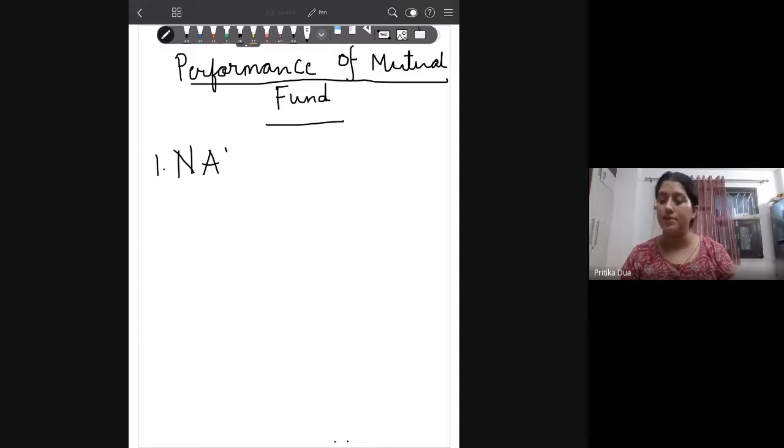That is reflected by the net asset value, and as the name suggests, it is the value of the assets held by the mutual fund.